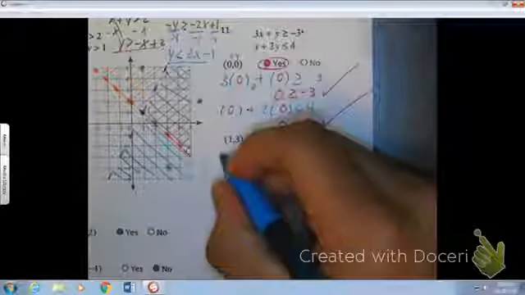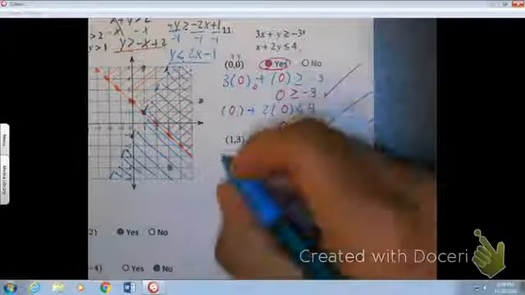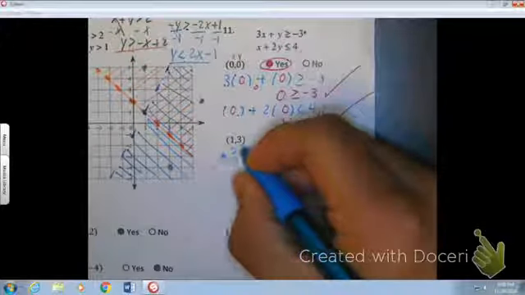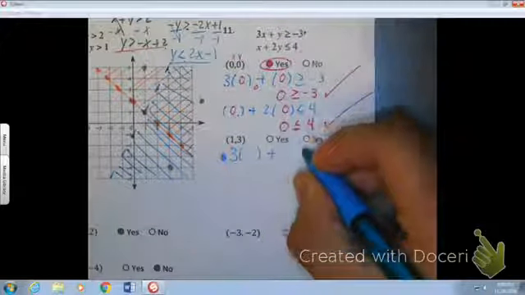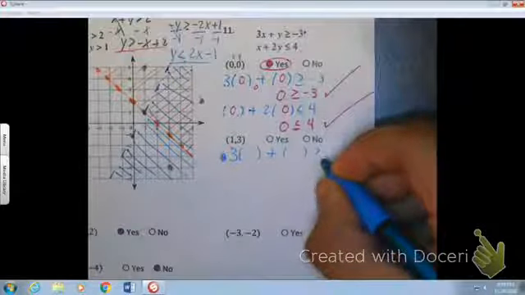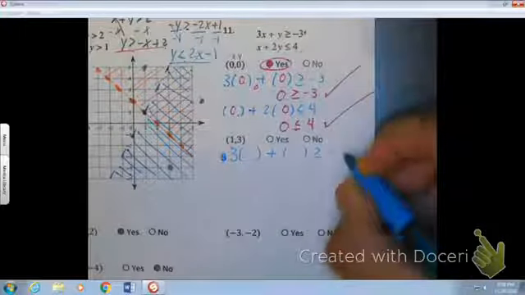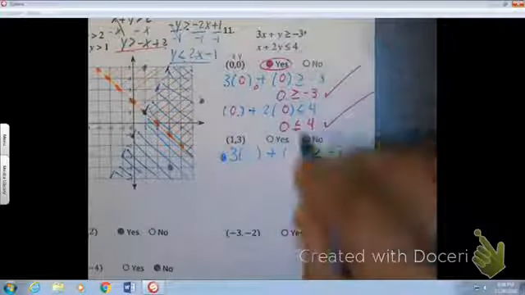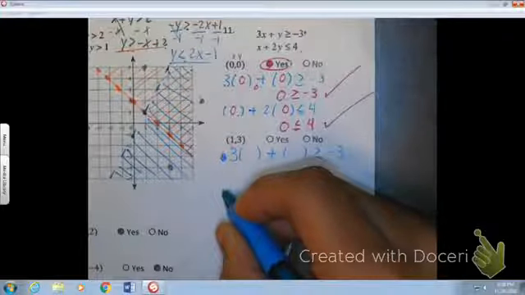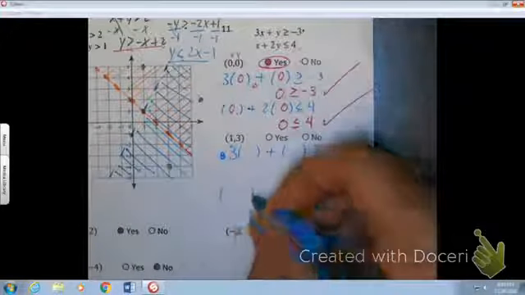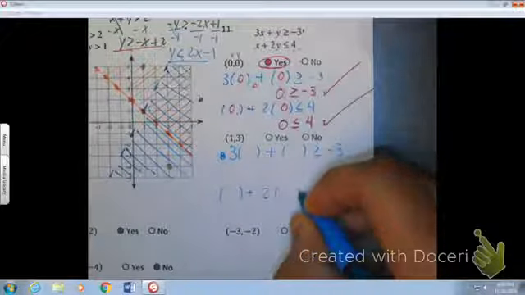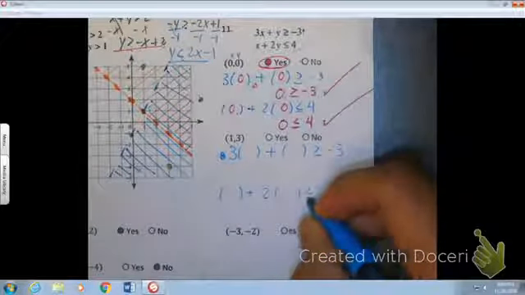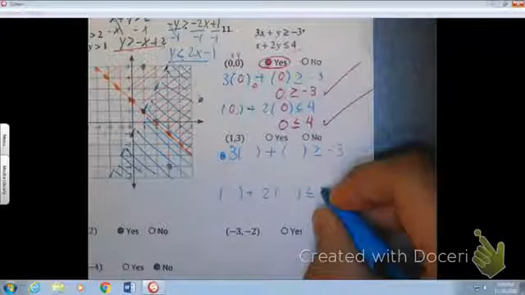Okay? So we have 3 times x plus y is greater than or equal to negative 3. Another equation is x plus 2y is less than or equal to 4.